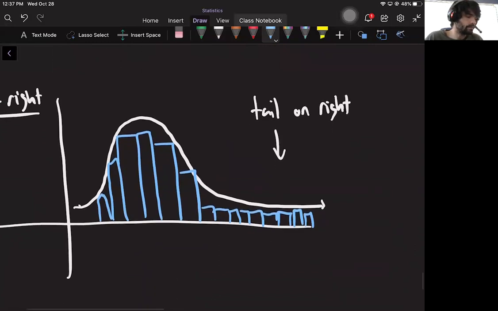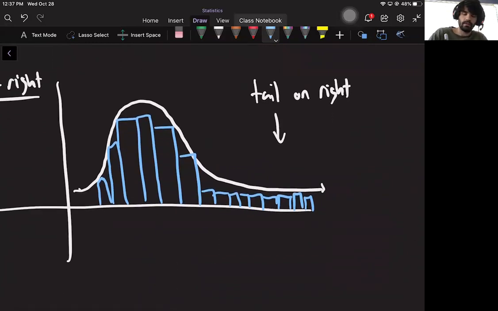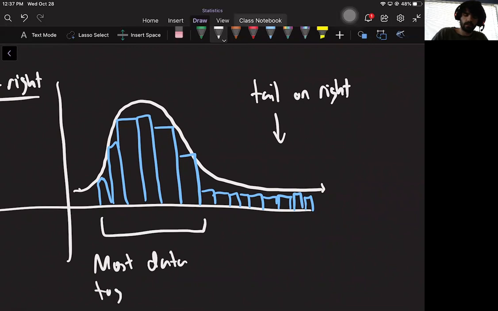So now what's going on? Same idea. Most of the data is over here, but there's some far away to the right now.